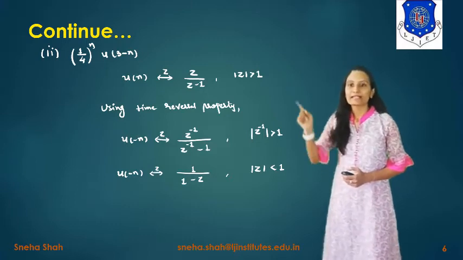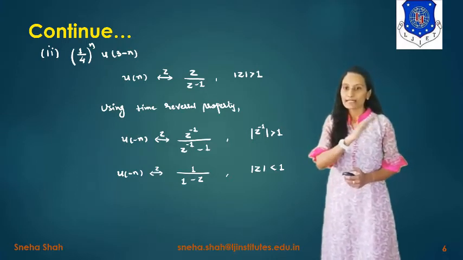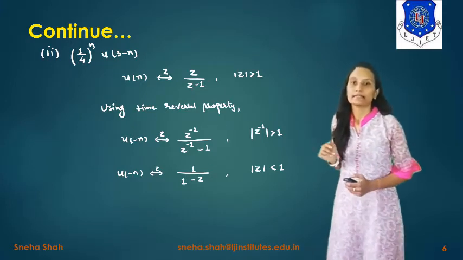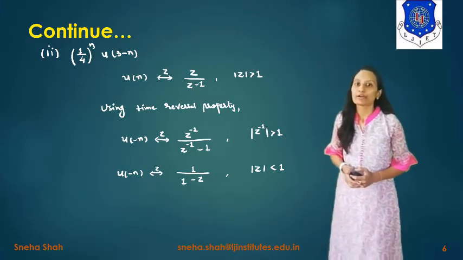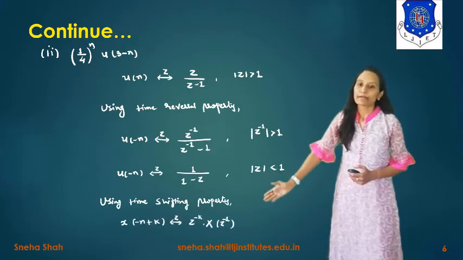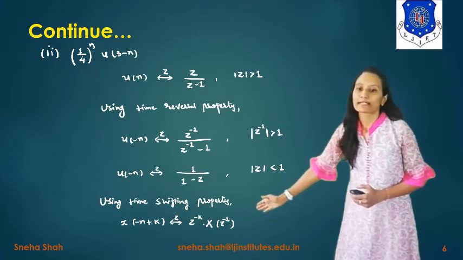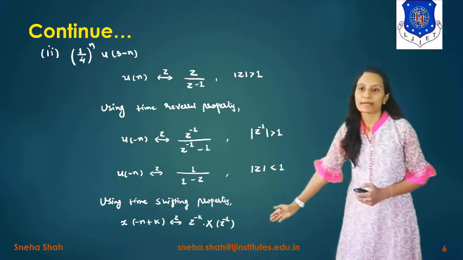Now the next term is we have to find u of minus n plus 3. Plus 3 means we have to shift the signal, right? So for that we apply the time shifting property. Using the time shifting property, x of minus n plus k has z transform equal to z raised to minus k, x of z raised to minus 1.